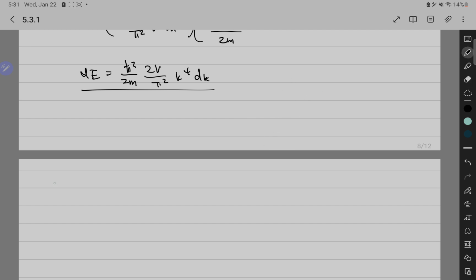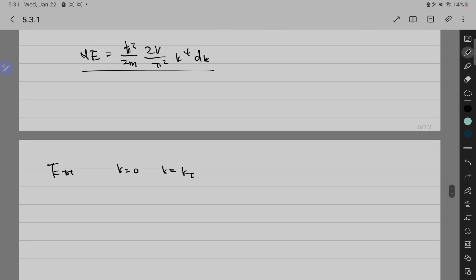So let's do it. The total energy of the gas within our Fermi sphere, we're going to integrate from k equal to 0, because this is where we started, all the way to the radius of the sphere. That makes sense.